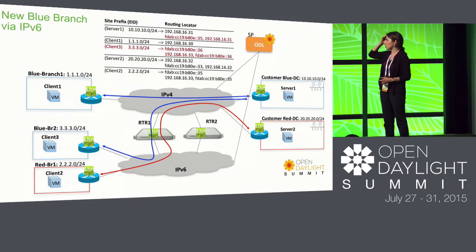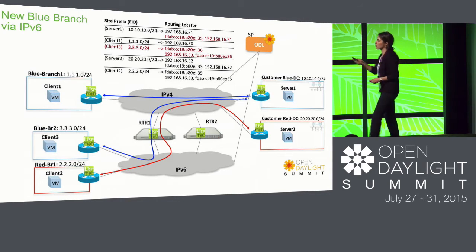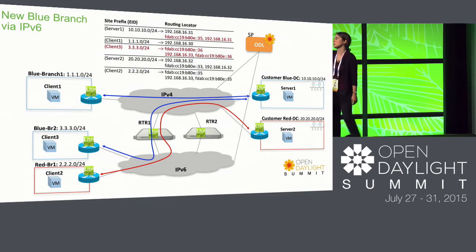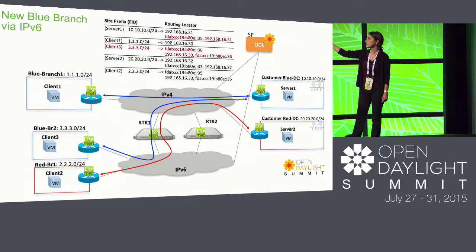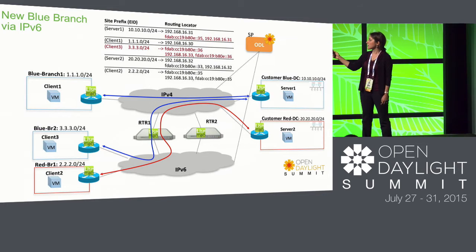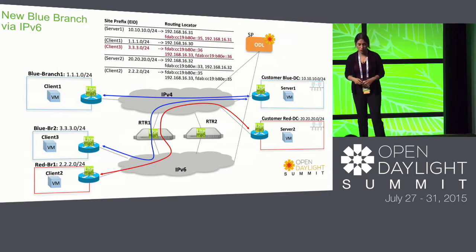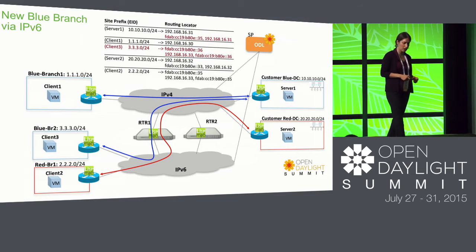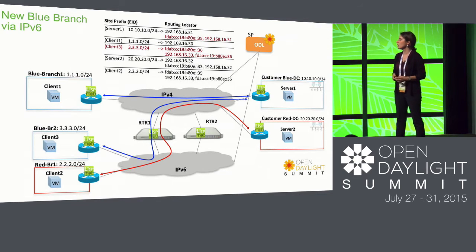And here, in the demo we show pings between client 1, the first branch, and the data center branches. And then for this third branch, we're showing a video download.